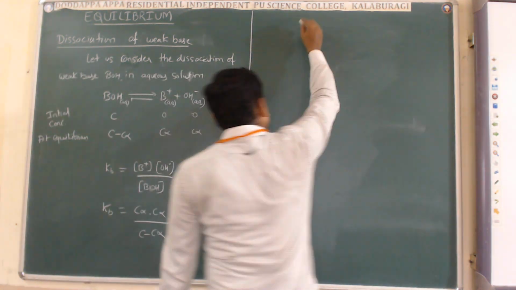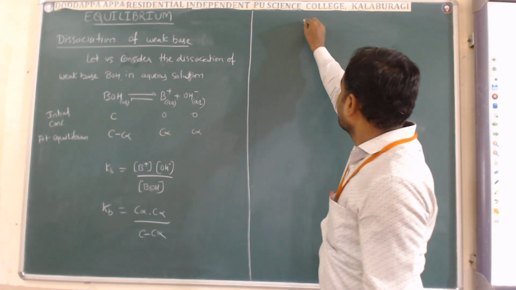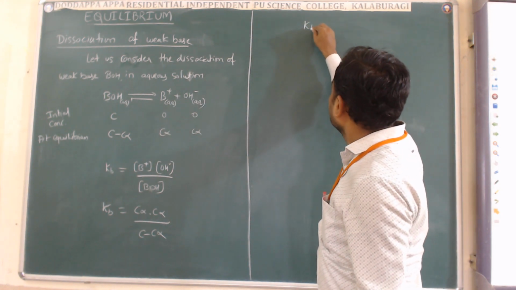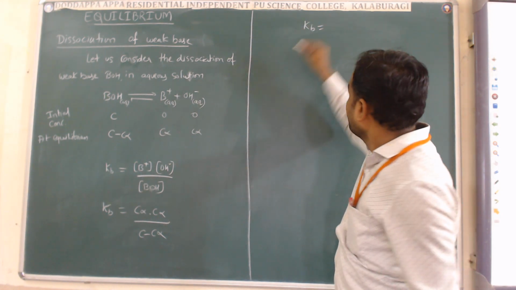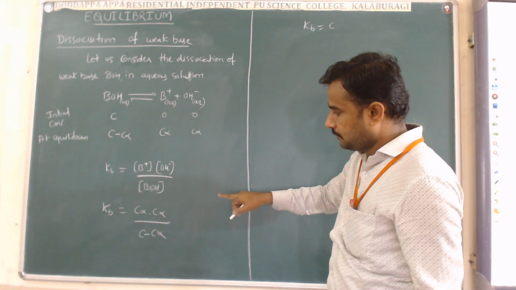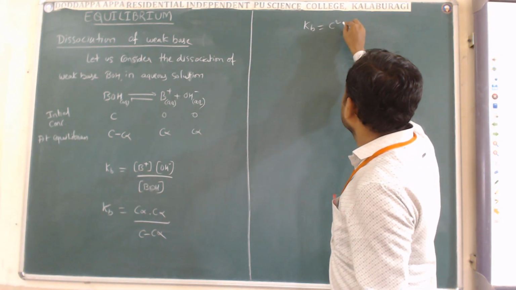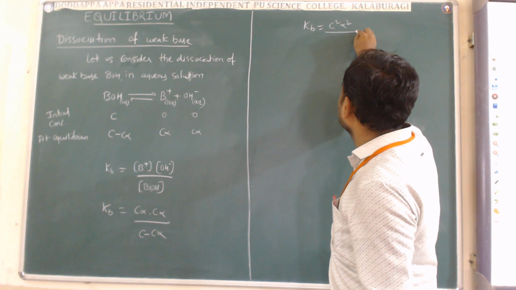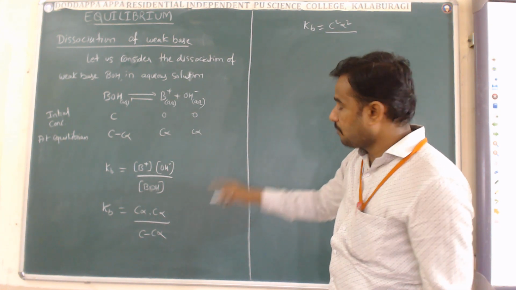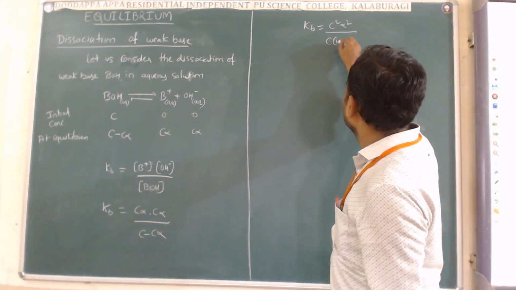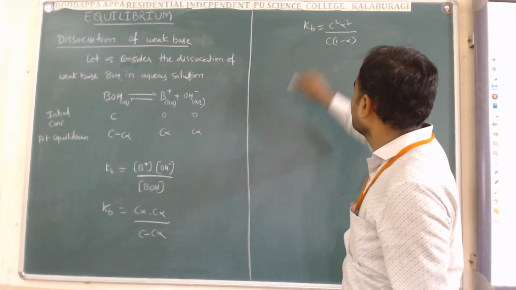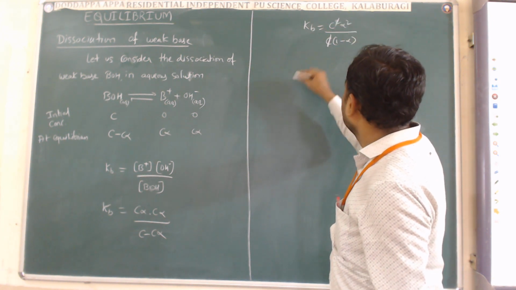So Kb is equal to C alpha into C alpha, which becomes C square alpha square, divided by C into 1 minus alpha, taking C common. This C and this C cancel each other.